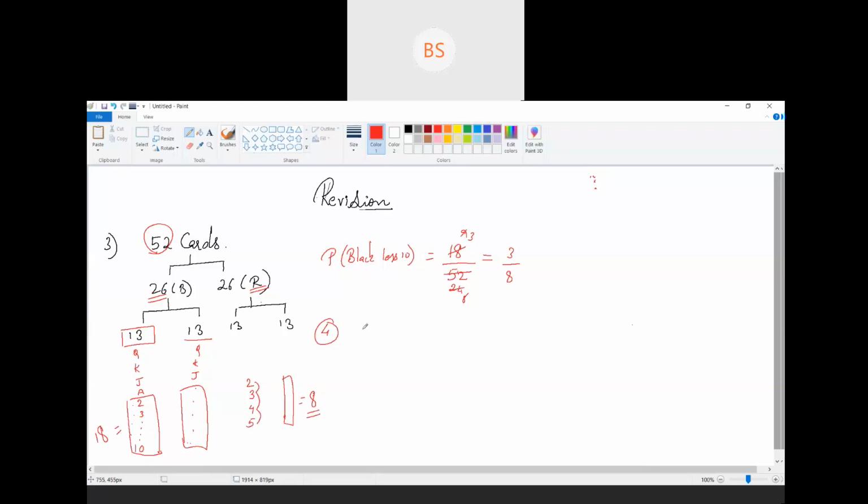So in the fourth question, the probability of a red card which is less than 5 will be 6 upon 52, which is 3 by 26.